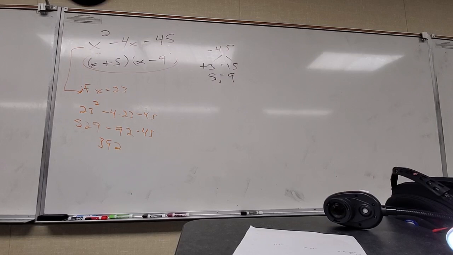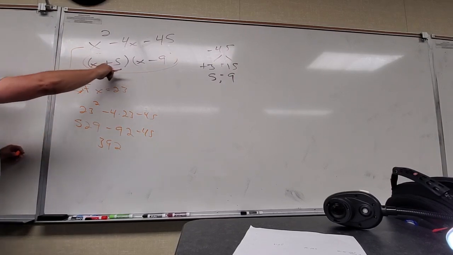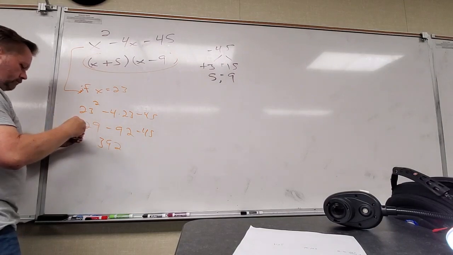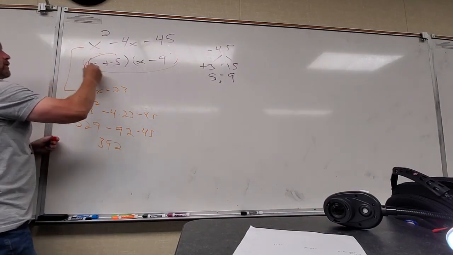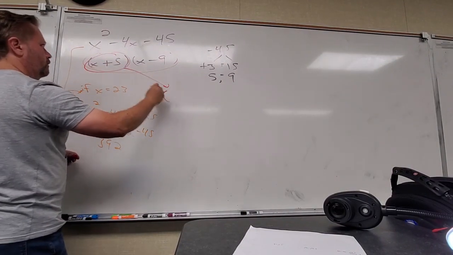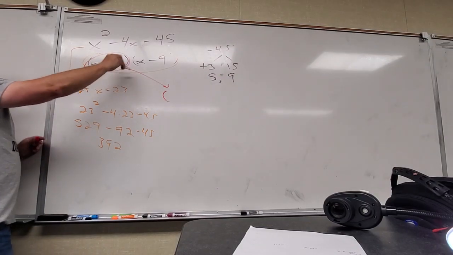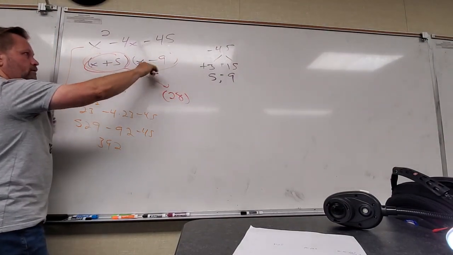Everybody with me so far? Extra stuff. If x was 23, this expression would represent this number. What is this if x is 23? 28. What's this if x is 23?